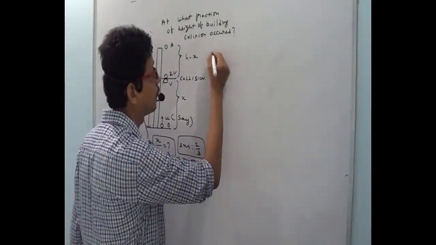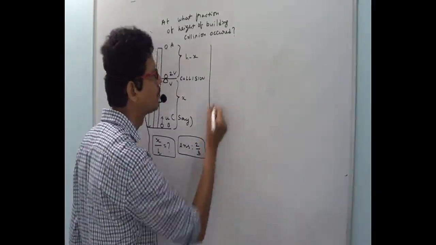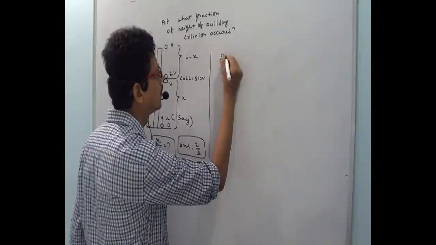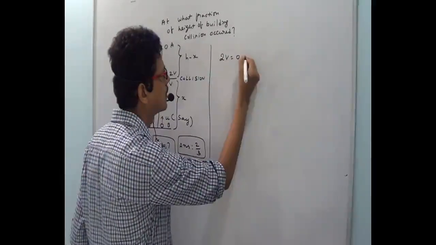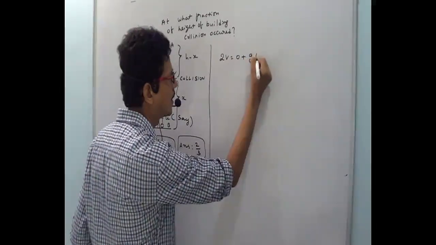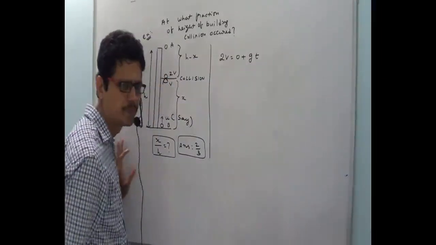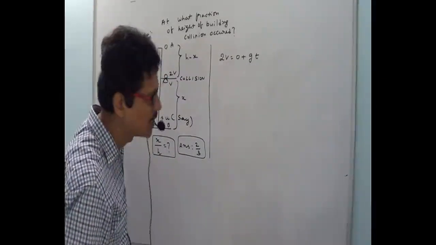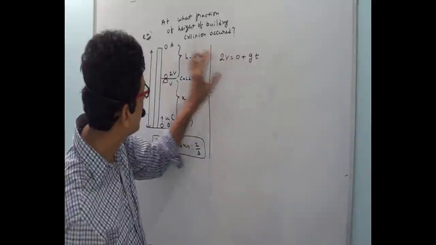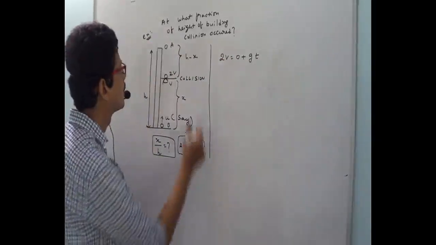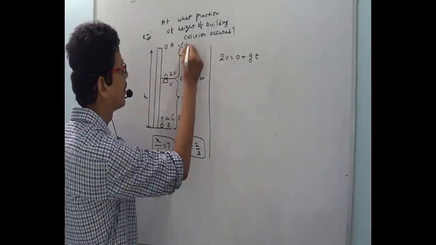And first I will take v equal to u plus at formula. V equal to u plus acceleration, which is acceleration due to gravity, g. u is 0, this A is dropped.